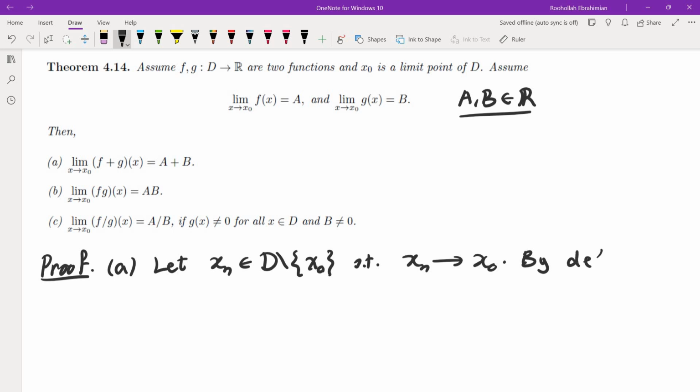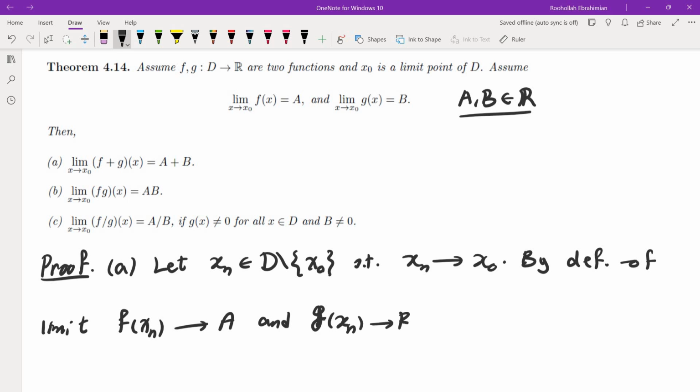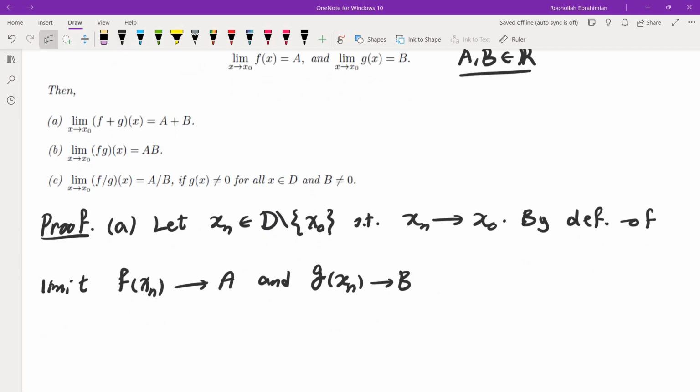By definition of limit, f of xn approaches a and g of xn approaches b, because limit of f of x is equal to a and limit of g of x is equal to b. Therefore f of xn approaches a and g of xn approaches b.